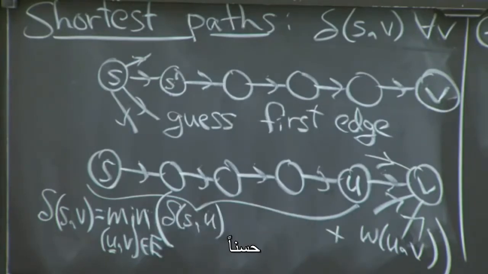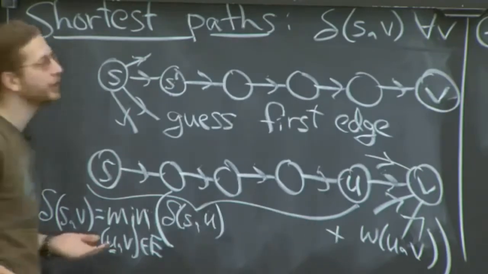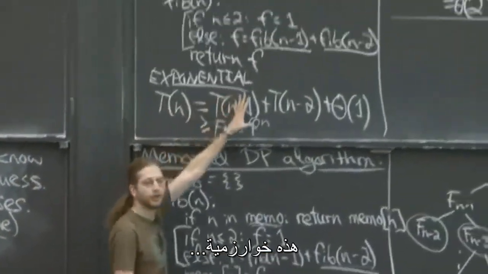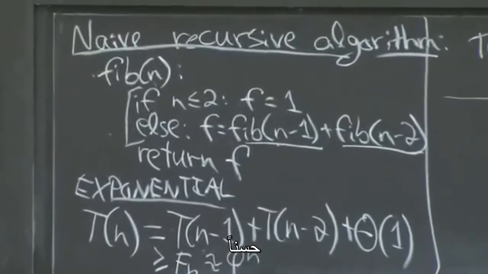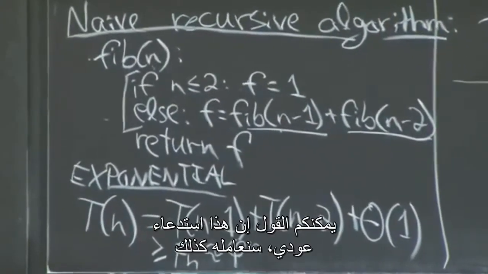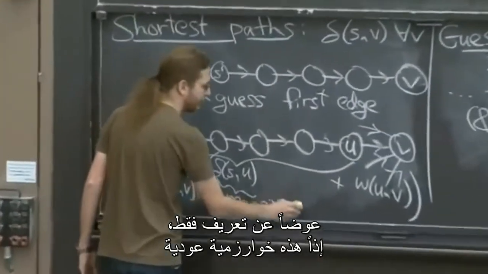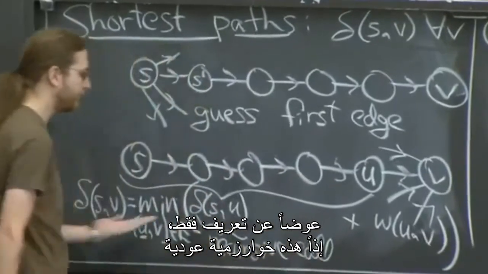Okay? This is the analog of the naive recursive algorithm for Fibonacci. So it's not going to be efficient if this is an algorithm, right? You could say this is a recursive call. I'm going to treat this as a recursive call instead of just a definition. Then this is a recursive algorithm.